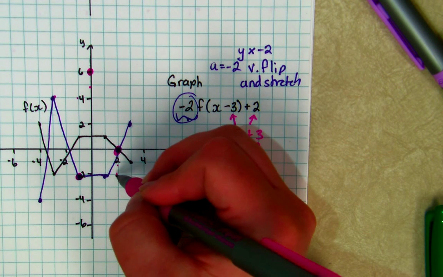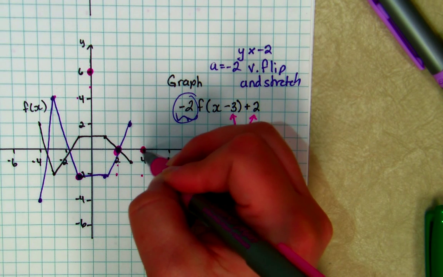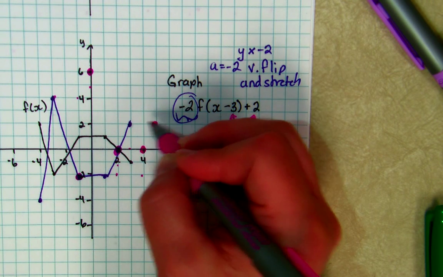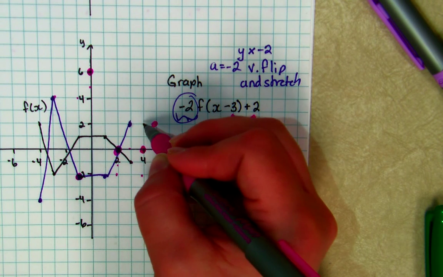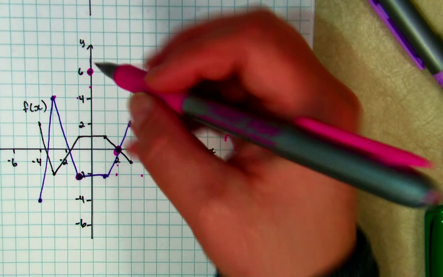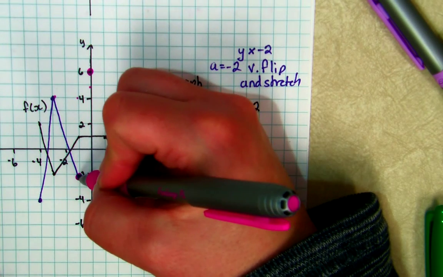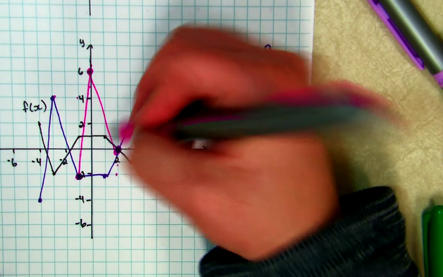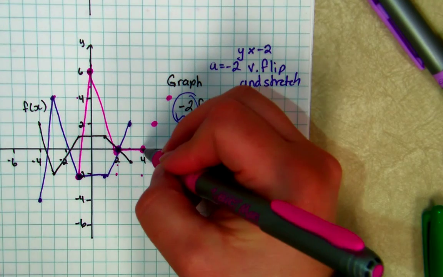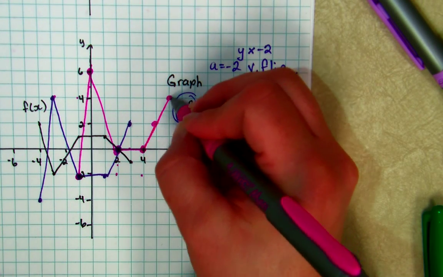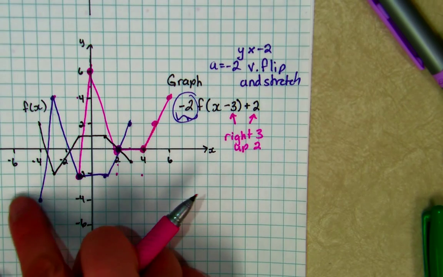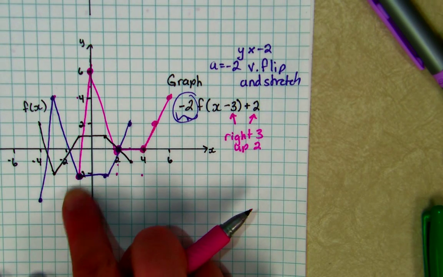Now this point, right 3, up 2. And then this final point, right 3, up 2. And now I'm going to join them up. And now it's this shape, same size, just moved right 3 and up 2.